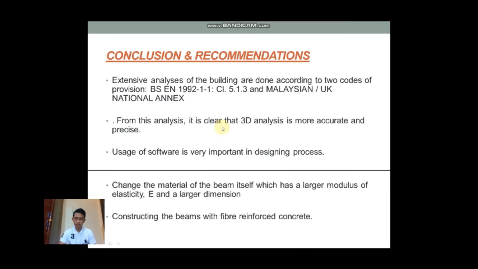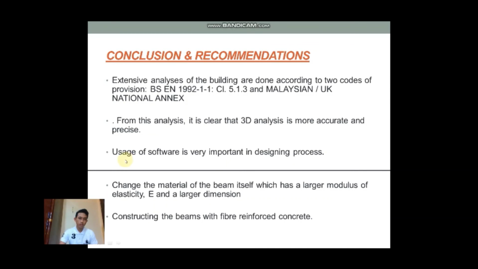So we do the analysis using software. For our group, we use LimPro, SAP, and StatPro, and we analyze it based on different load combinations of several subframes. When we analyze the 2D subframe of our roof, first and second floor, and compare it to manual calculation and also to 3D, what we get is the 3D analysis is more accurate.